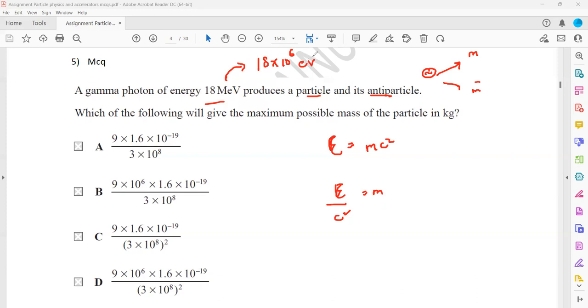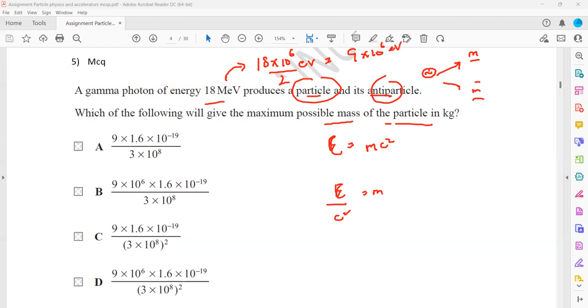Only 9 mega electron volt will be used, because 18 is the total energy used to produce particle and antiparticle. But in the question, we want the maximum possible mass of the particle only, one of them. So the energy will be half of it, 9 into 10 to the power 6 electron volt.